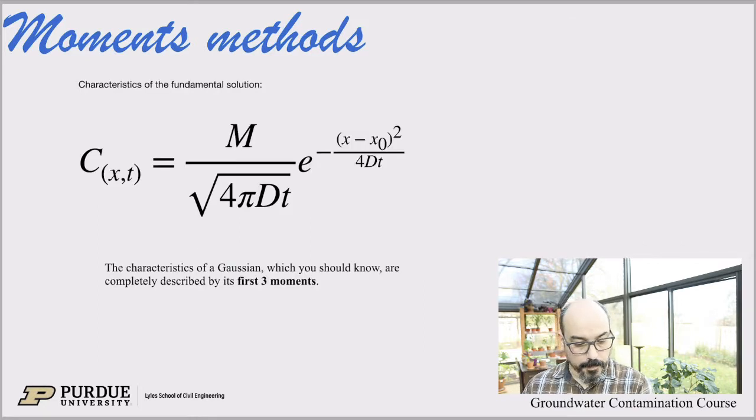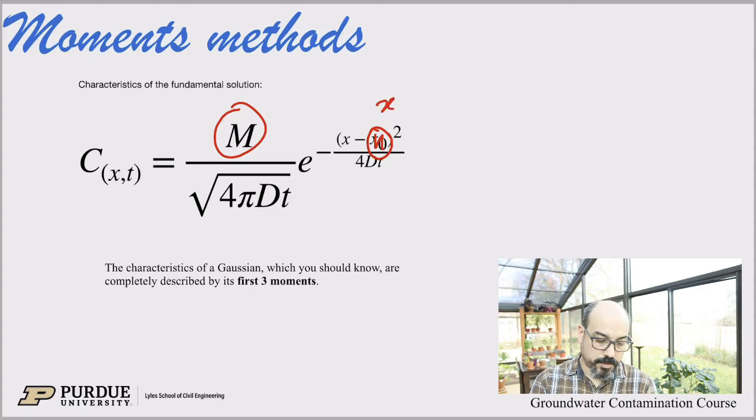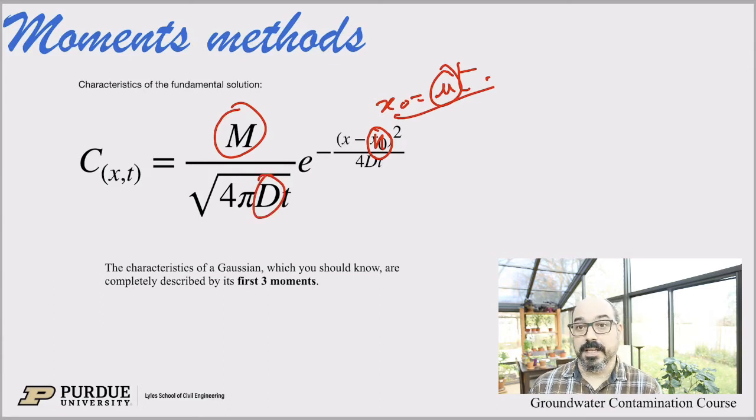Now, the characteristics. As I mentioned before, basically there's only 3 things that define completely our system in 1D. Those are the mass, the velocity, and the dispersion. So there's only 3 parameters: the mass, the velocity, which is in here, sorry, x0 equals ut, if u is the velocity, and the dispersion. That's it. There's only 3 parameters in this equation, and that's all we need to describe everything.